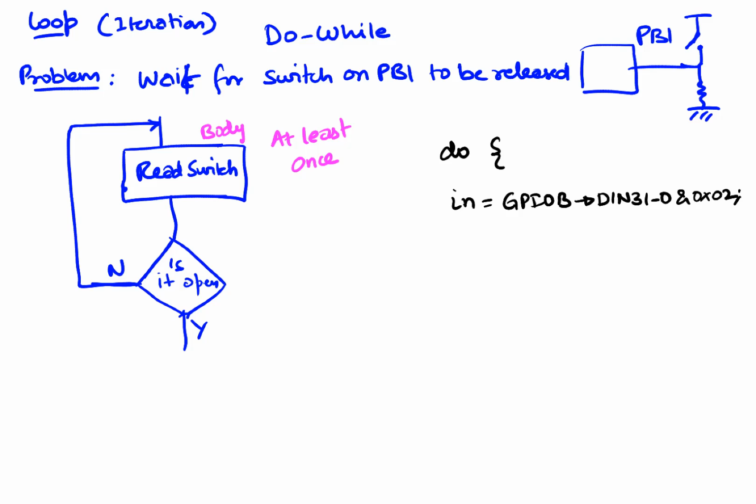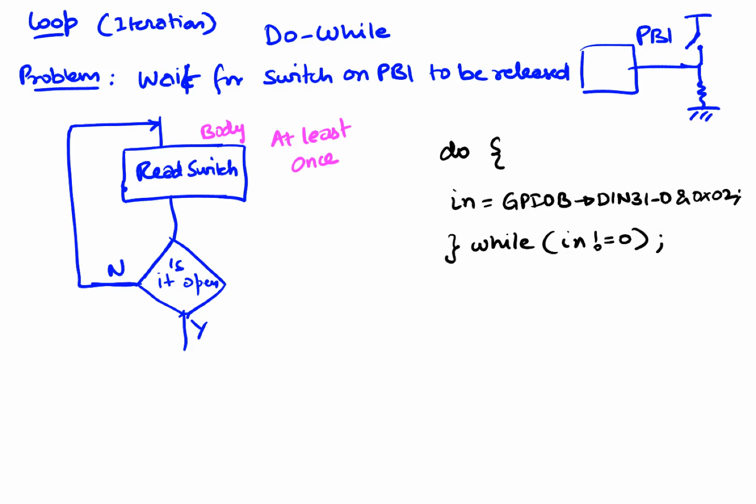And we're going to check this and see if in, and we could be very precise and look for something else, but the good news is we're just looking for 0. If it's not equal to 0, then we want to go back and repeat this process.